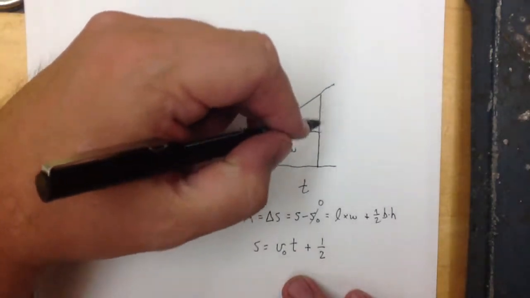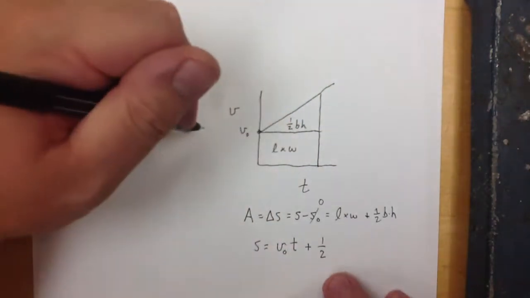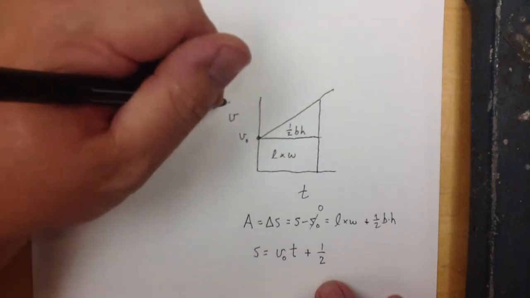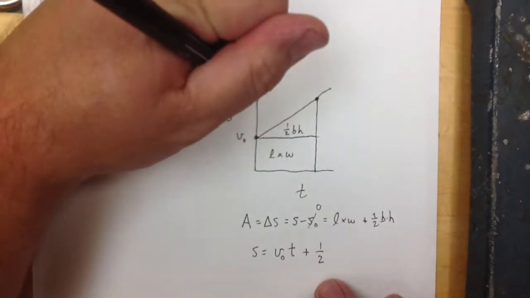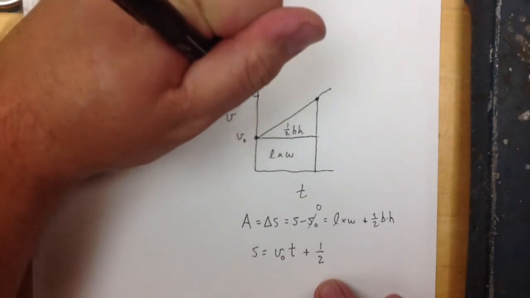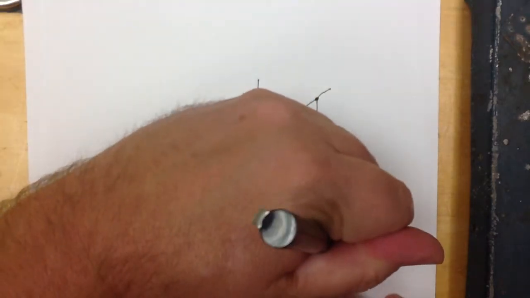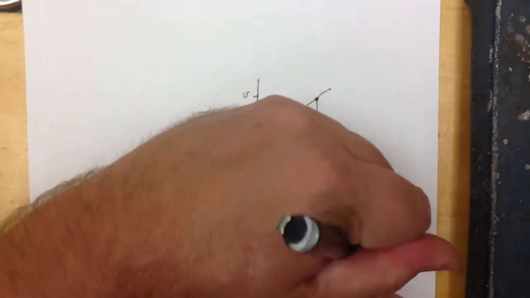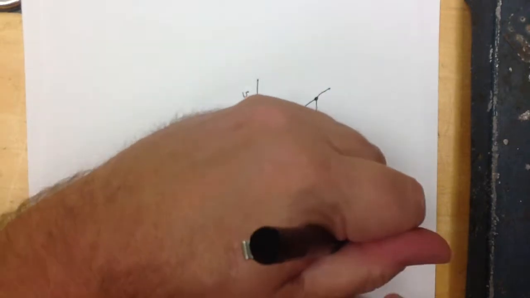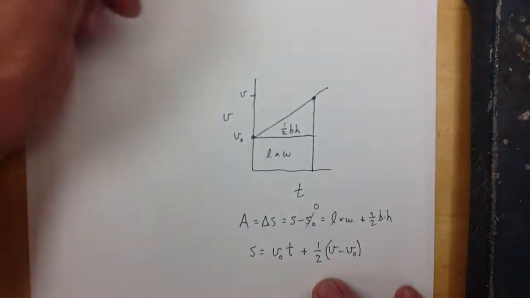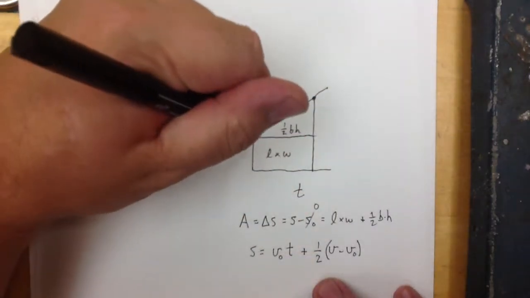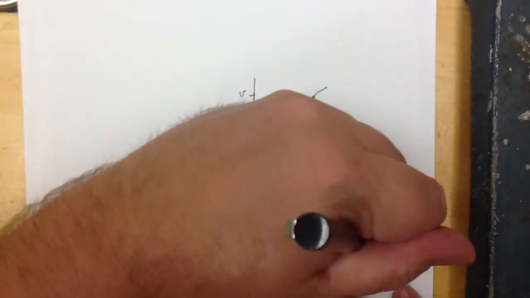The height is some value V minus V sub 0, times the time.